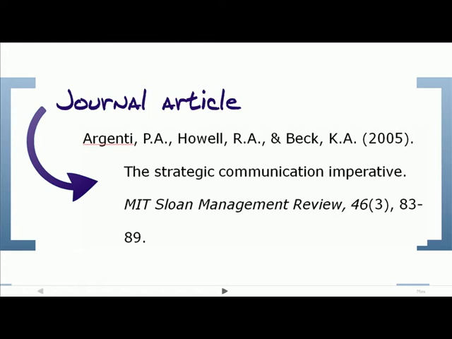You only capitalize the first word or any proper nouns in the article title, such as country names. The journal title comes next in italics, and the full title is capitalized. Then you have the volume number, also in italics, and the issue number in parentheses, followed by page numbers. This article did not have a DOI, so it's not listed here.